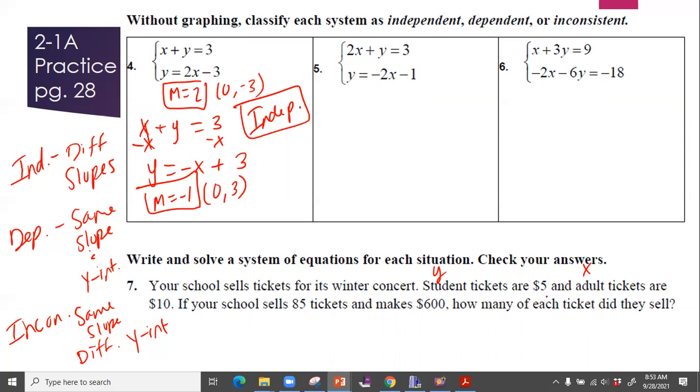But your student tickets are $5, adult tickets are $10. And the school sells 85 tickets and makes $600. So if you work somewhere, how would you calculate the cost of all of this?